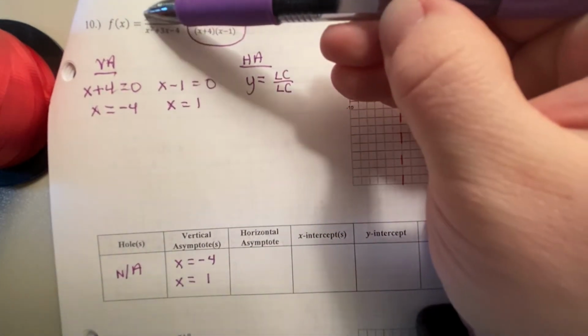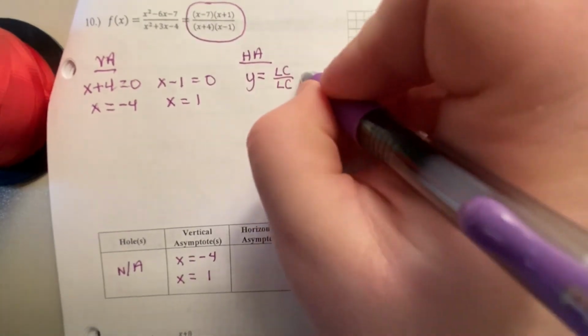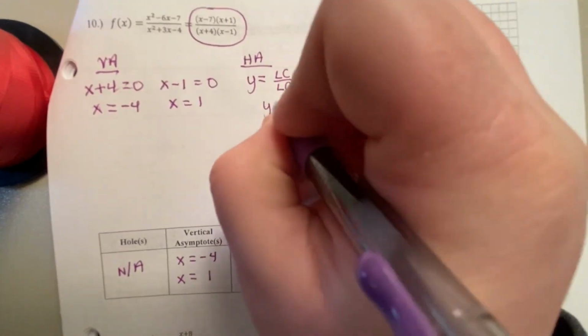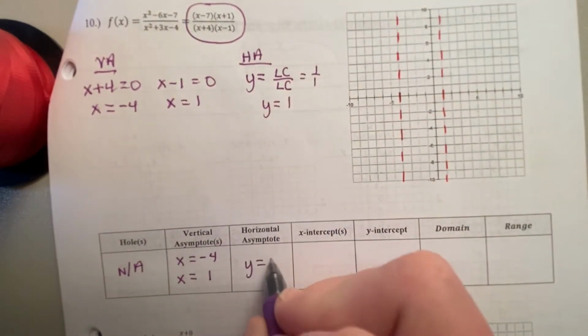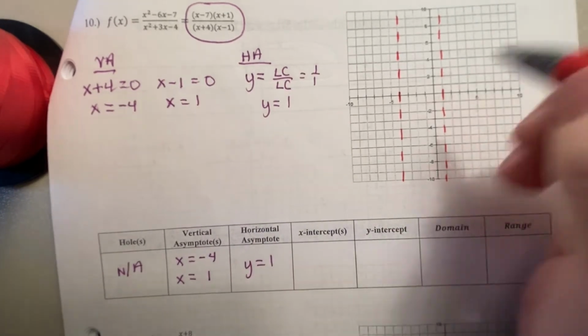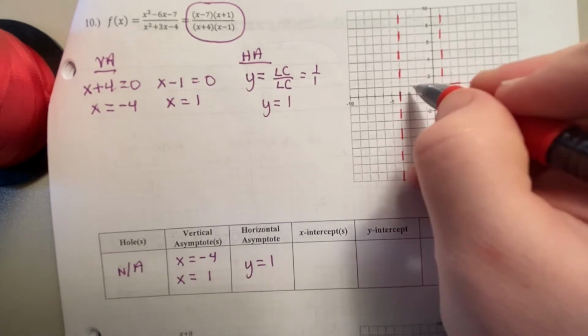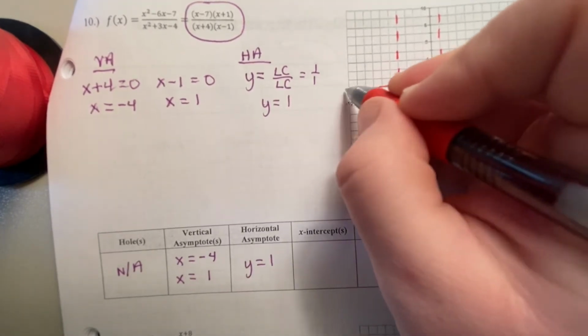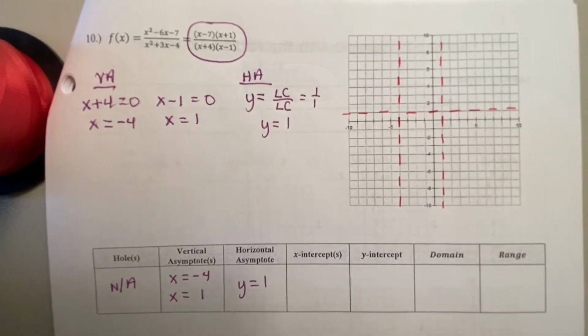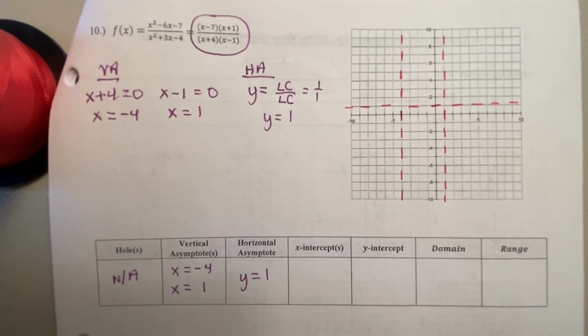In this case, it's 1x squared over 1x squared, so that's just 1 over 1, which is 1. So y is equal to 1. I go to y equals 1, and I draw a dotted line at y equals 1. So that gives me both my horizontal and my vertical asymptotes.